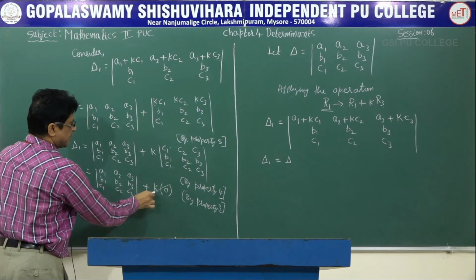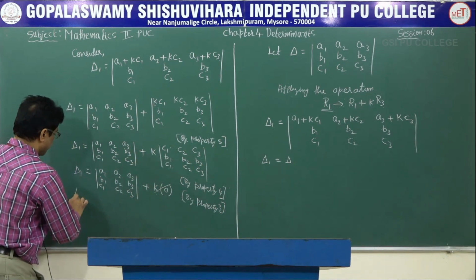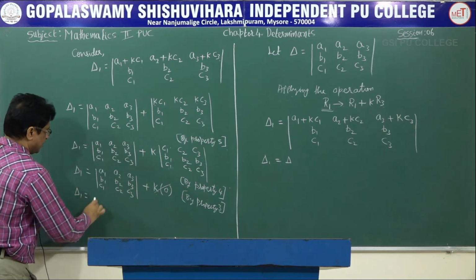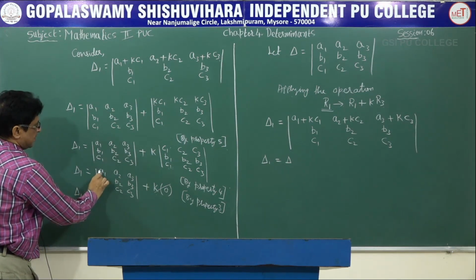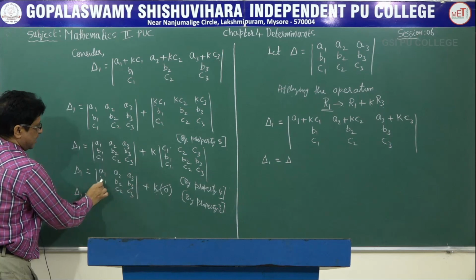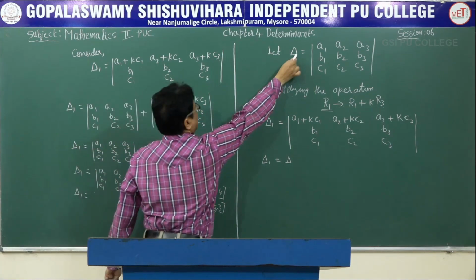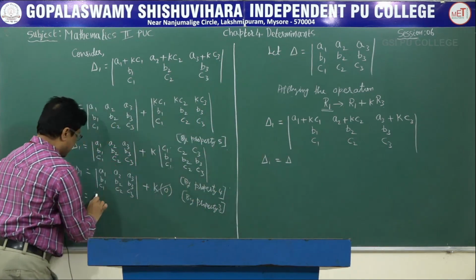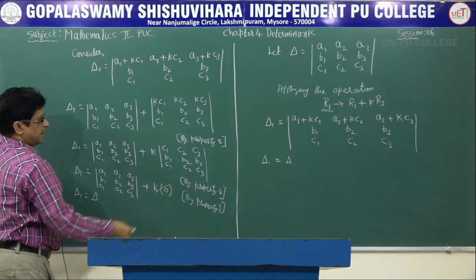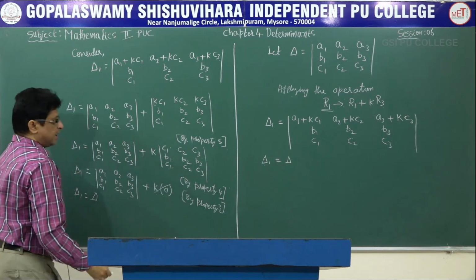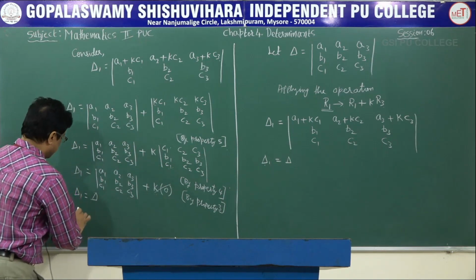So K into 0 is 0. So delta 1 is equal to this determinant, which is nothing but delta. So delta 1 is equal to delta. So finally we have proved the required result.